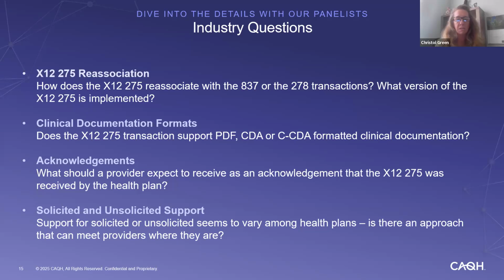For unsolicited documents, there are two types, and I don't know if we're getting into that or not, but this is the reassociation. For a solicited one, the payer would request, because we already received the claim without documentation, we would request supporting information from the provider, and we include our claim number as the attachment control number.